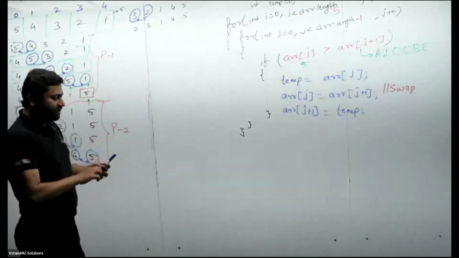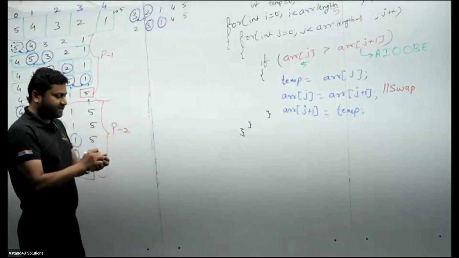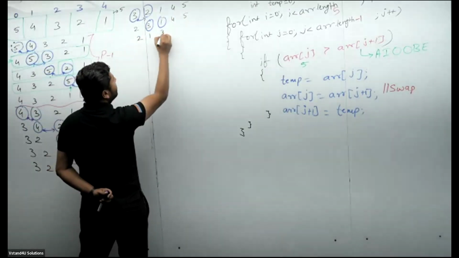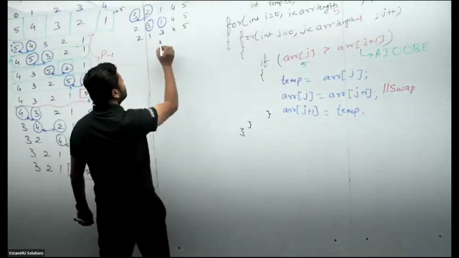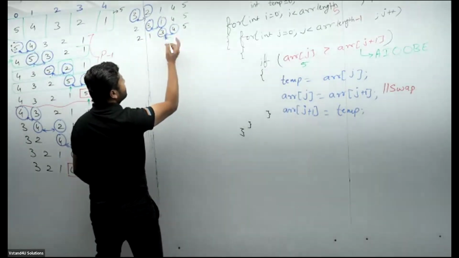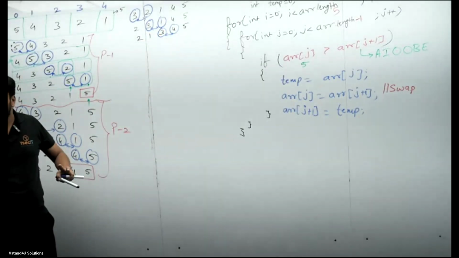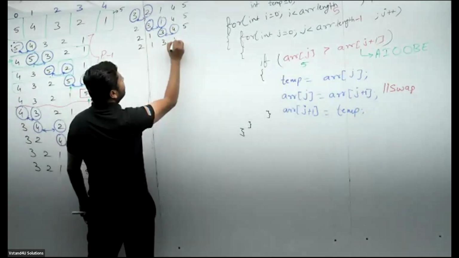Then we will compare 3 and 1. Swapping is required, so 2, 1, 3, 4, 5. Then we will compare 3 and 4. Is it required to swap? No need to swap. I'll keep it as 2, 1, 3, 4, 5.